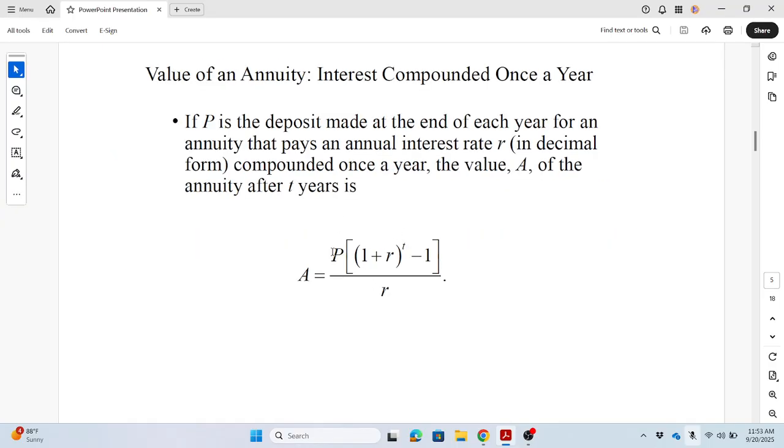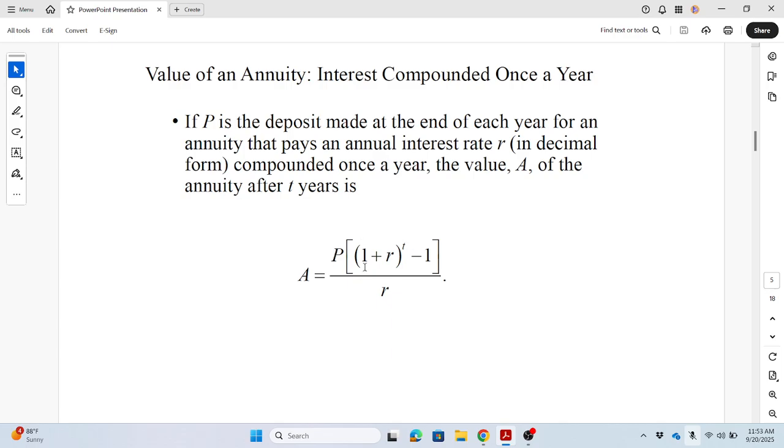This is the formula to calculate the value of an annuity. P is the deposit made at the end of each year for an annuity that pays an annual interest rate R, where R is in decimal form, compounded once a year. The value A of the annuity after T years is this. So you are making payments yearly, and P is yearly.